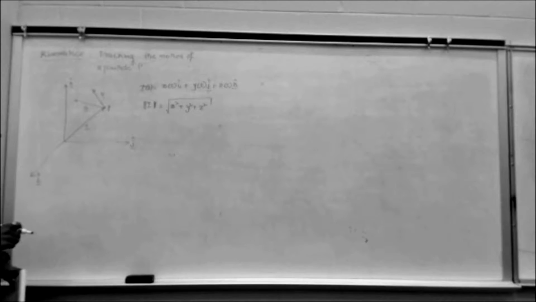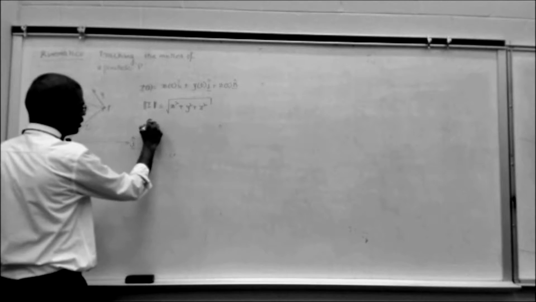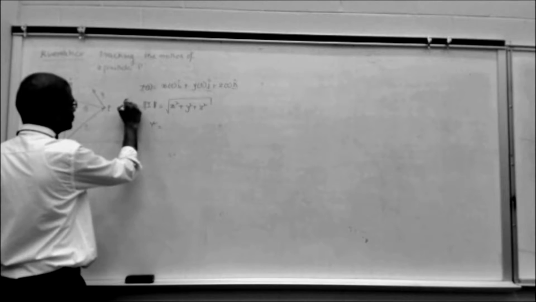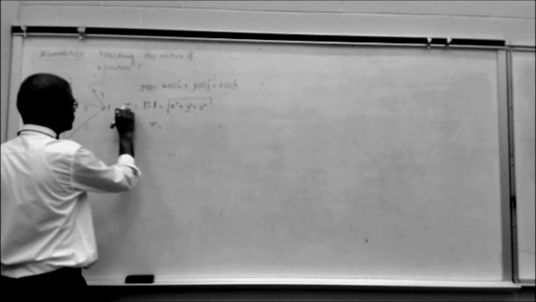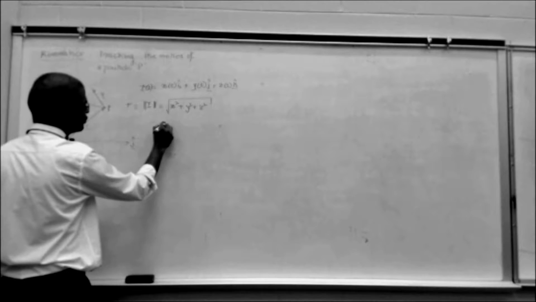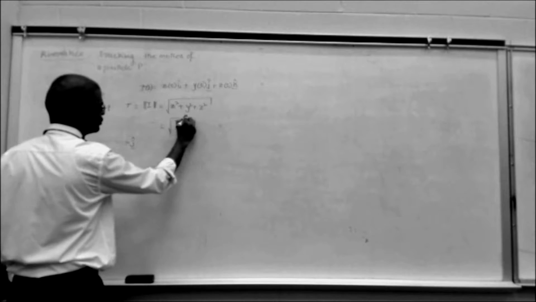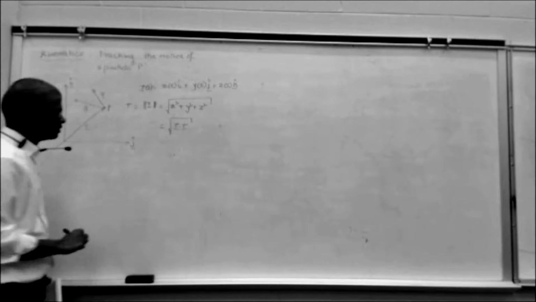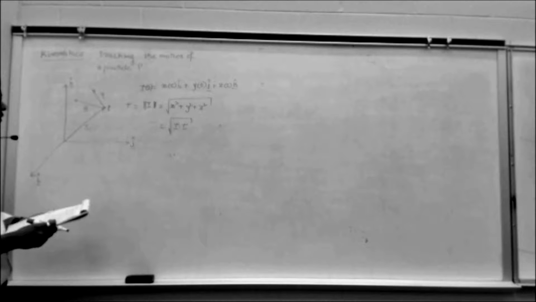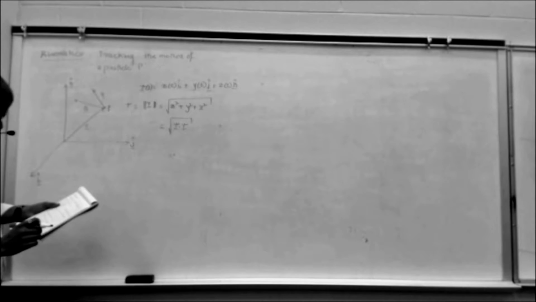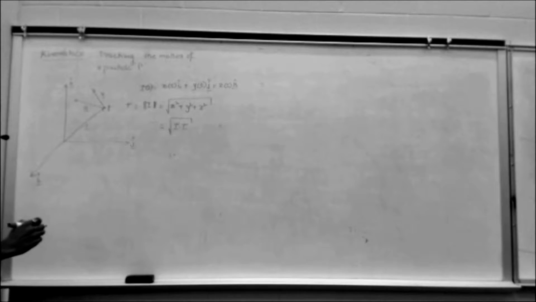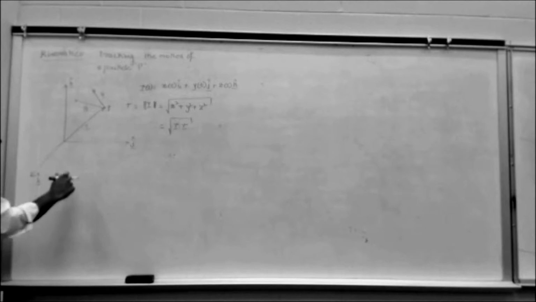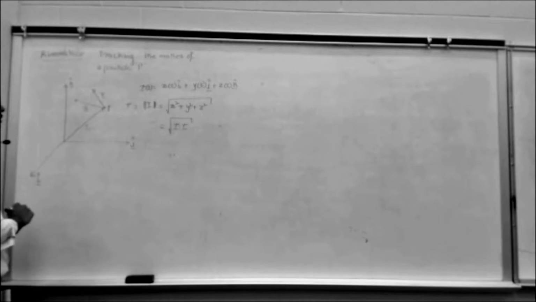All right, and r is also equal to root of r dotted with r. So this is the position, this is the particle, this is the velocity, and this is the acceleration.